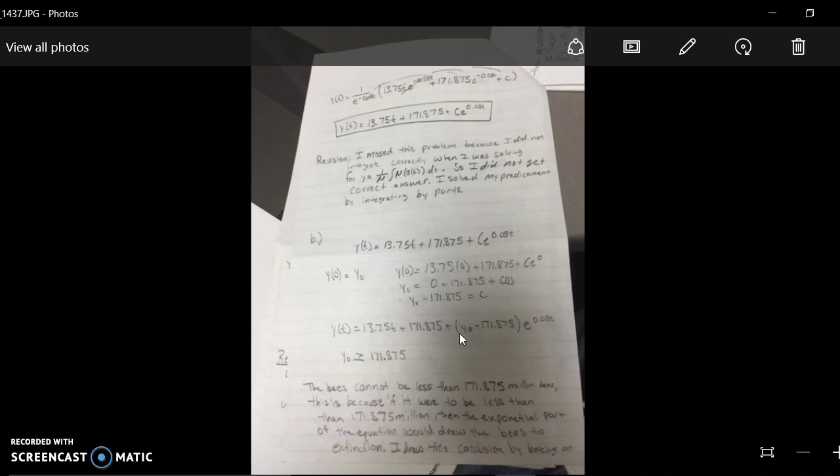So we can say that our minimum population, in millions, is that y sub 0 has to be greater than or equal to 171.875 million bees. If our bee population becomes lower than 171.875 million bees, then all the bees are going to eventually drive into extinction.